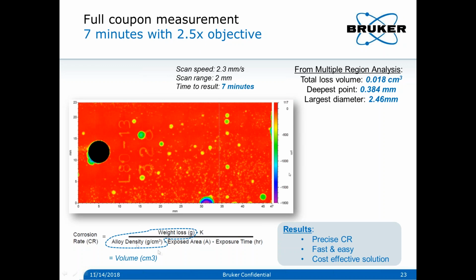The total loss volume will be put into this formula to get the corrosion rate, and you will also estimate how severe the corrosion is. Effectively, it's the deepest point and largest diameter. You will see whether you have dangerous or hazardous corrosion pits that could create a full crack or a full hole through the coupon.